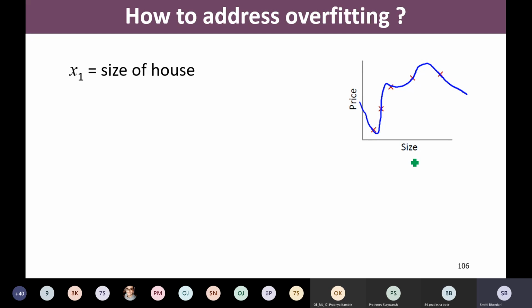Whatever our training data set is, we usually try to plot it and visualize how the training samples are spread in this space. If we understand the pattern of how the training samples are spread, then we may get some idea what kind of hypothesis is best suited.